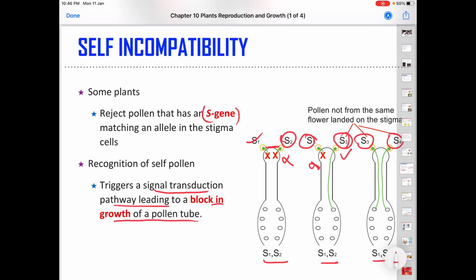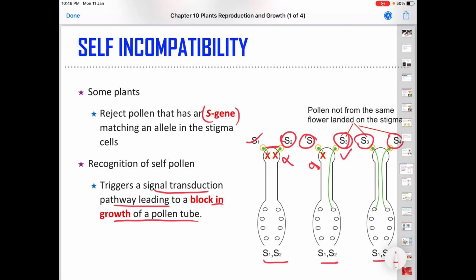So if the pollen came from the same plant, there is no growth of the pollen tube. When there is no growth of the pollen tube, the sperm from the pollen cannot enter the embryo sac. So these are the mechanisms used by the plant to inhibit self-fertilization.